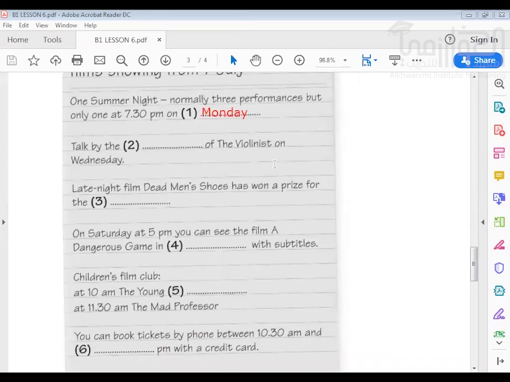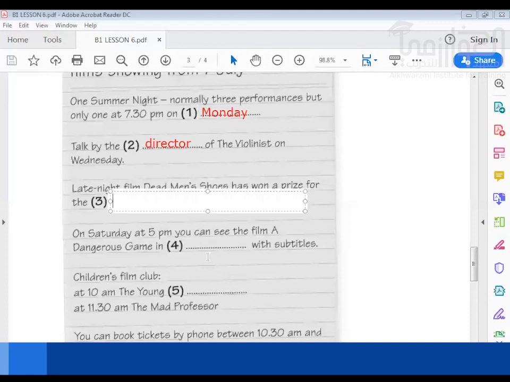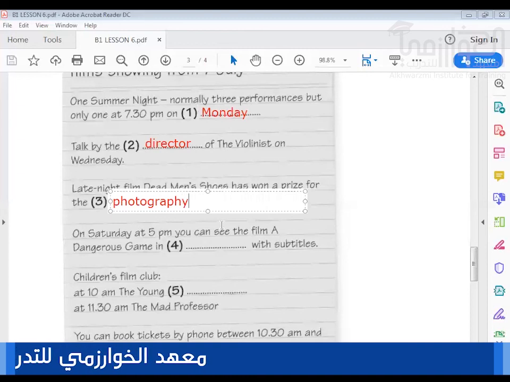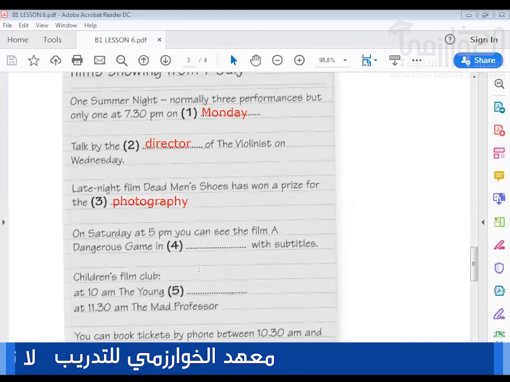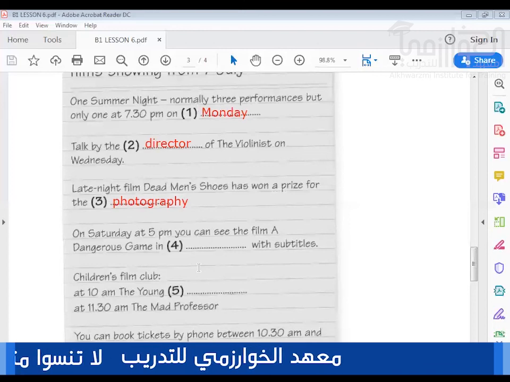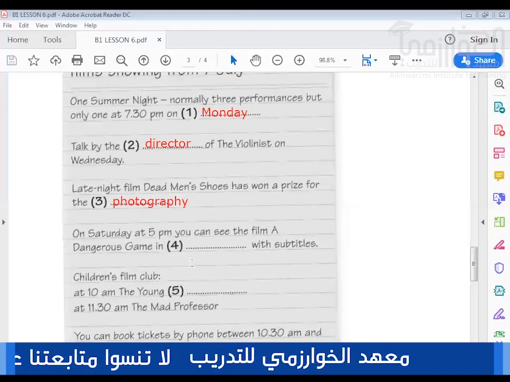And then 2, we have here director, the director. And then 3, we have the answer photography. And then 4, the answer is Spanish.